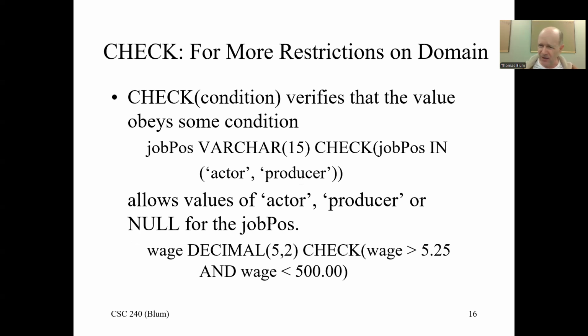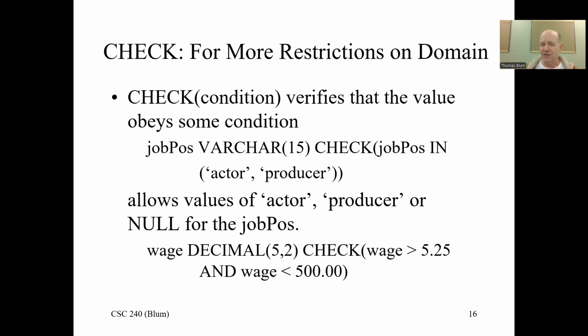So we're now going to insert data, and we want to know, does it obey our domain constraints? We said that the value should belong to this domain, and then we can check, does it obey our rules? Back in my simple little Simpsons database, I had actors and producers.